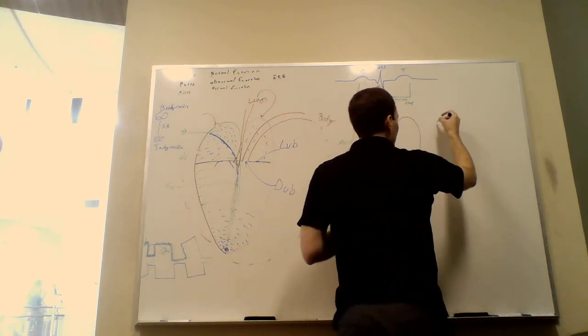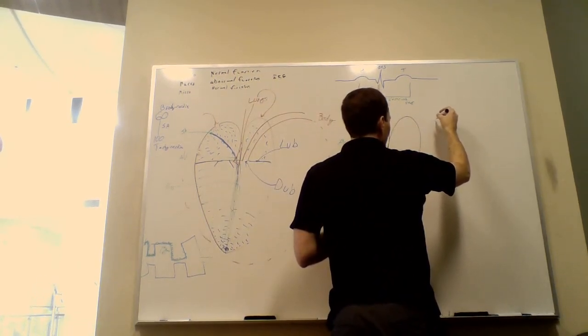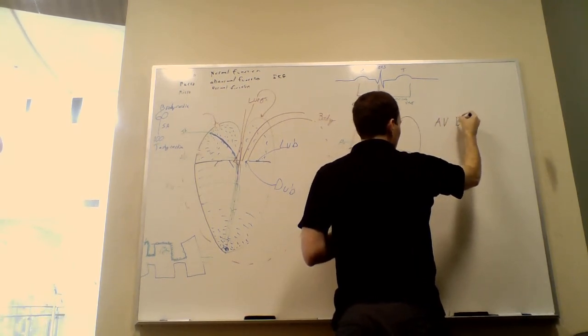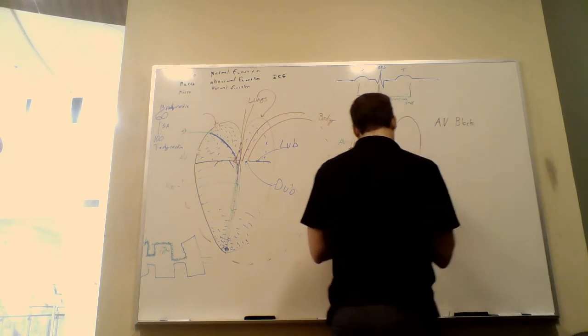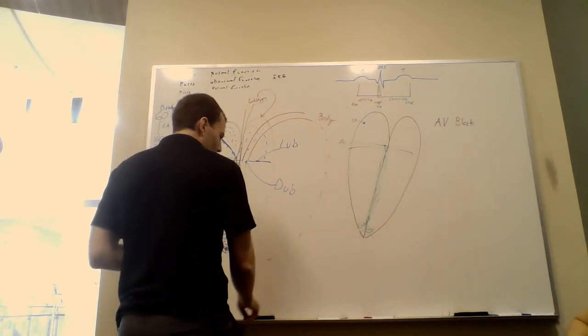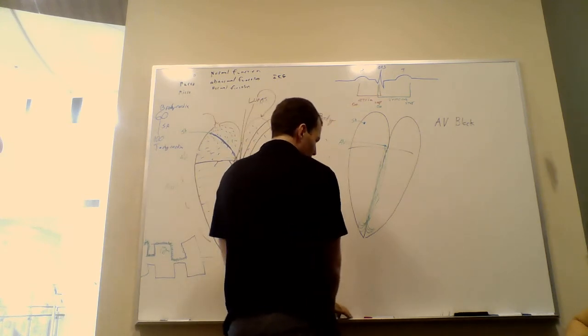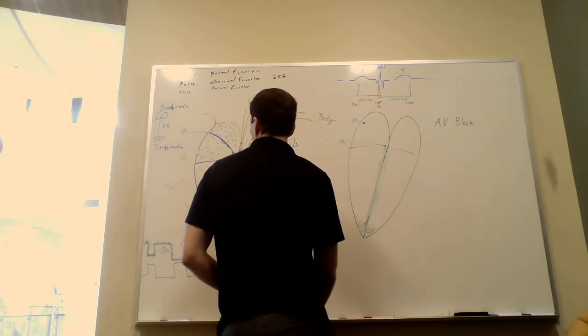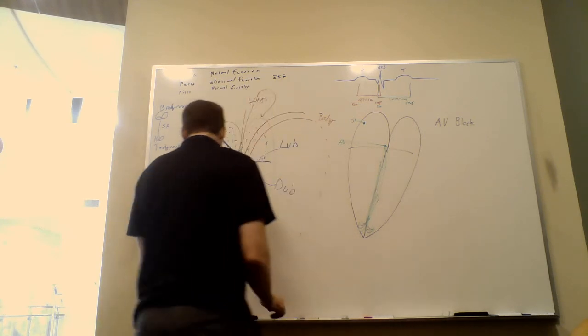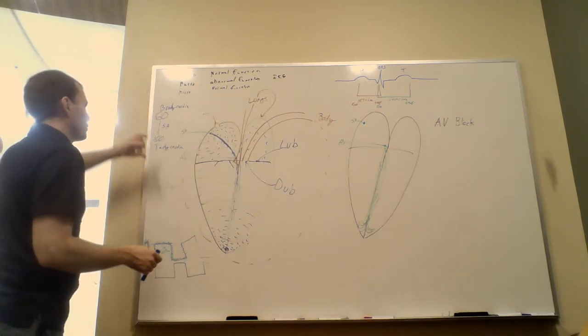So, we're going to go ahead and start with AV block. Actually, there's one other thing I want to do before we get, well, it's part of AV block somewhat.